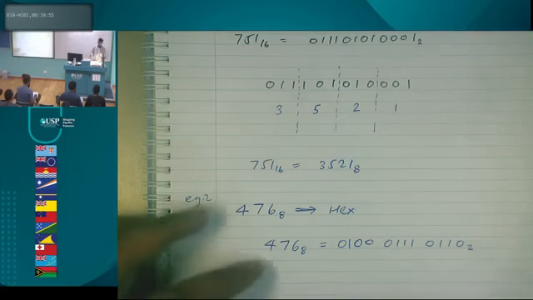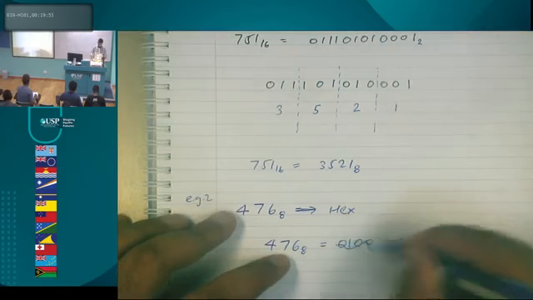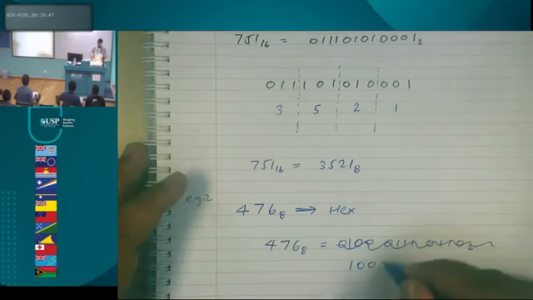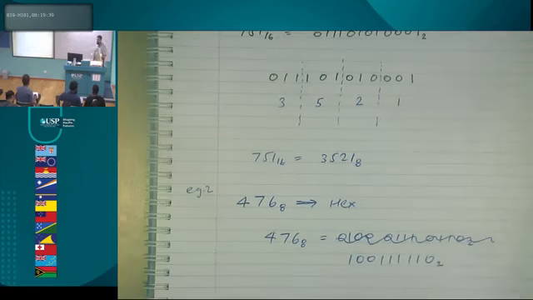Oh, sorry, I considered that as base 16. Sorry. There'll be 100, 111, 110. Right? That's correct now? Yeah. 4 is 100, 7 is 111, and 6 is 110.